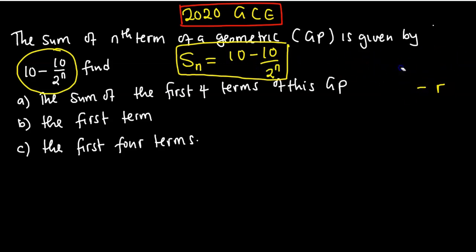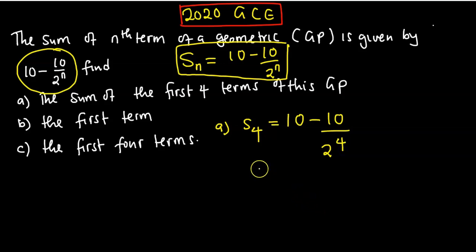Now the question is, find the sum of the first 4 terms. So we are answering question A now. We are going to put 4 where there is n and say 10 minus 10 divided by 2 to the power 4. 2 to the power 4 is going to give us 16.